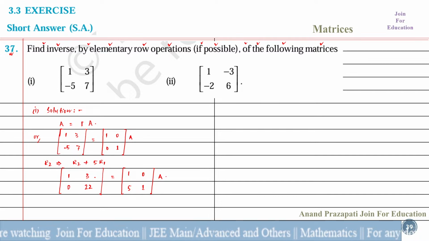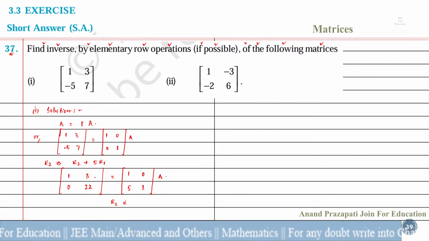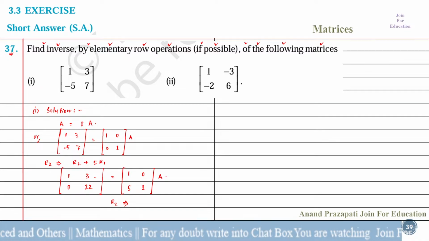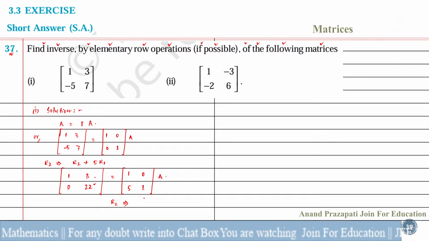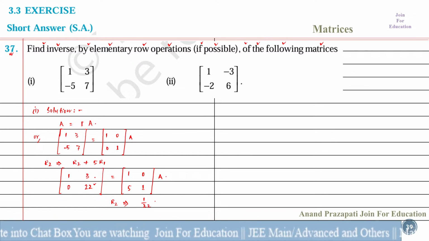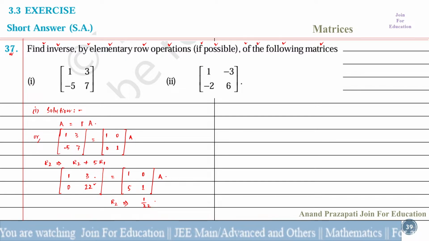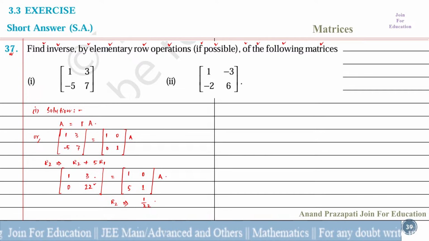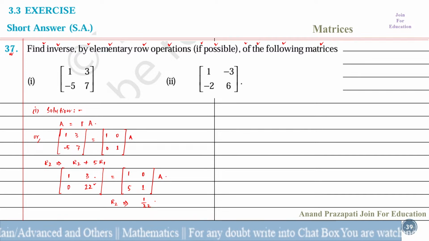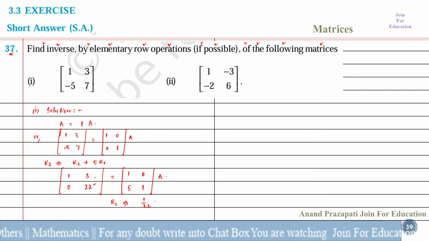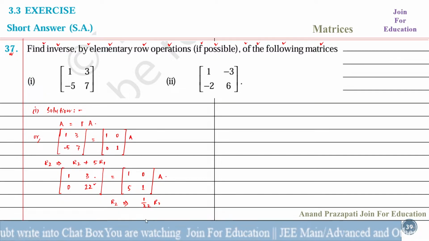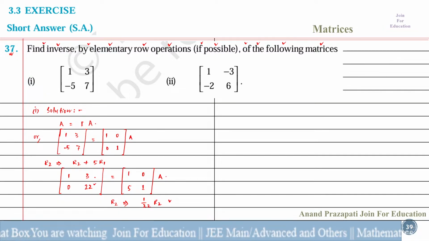Again we write down R2 goes to 1 by 22 R2. Hope that there is no problem to understand up to this step.